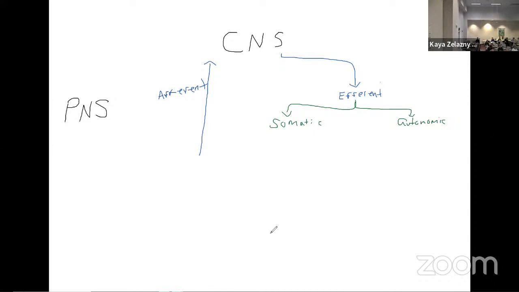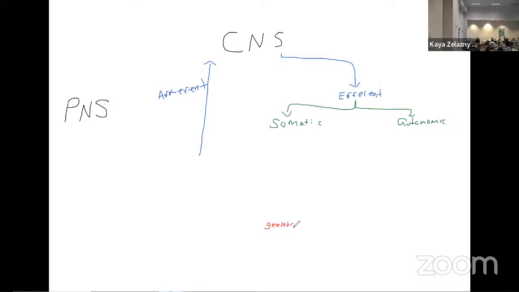But all the way down at the bottom, when we're sending out commands through the efferent part of the nervous system, we have options for where we're sending those commands. So soma is like the body of something. This is going to your skeleton and your skeletal muscle specifically. Skeletal muscle.